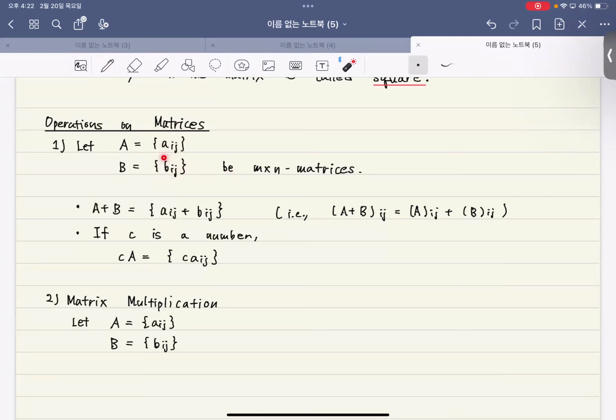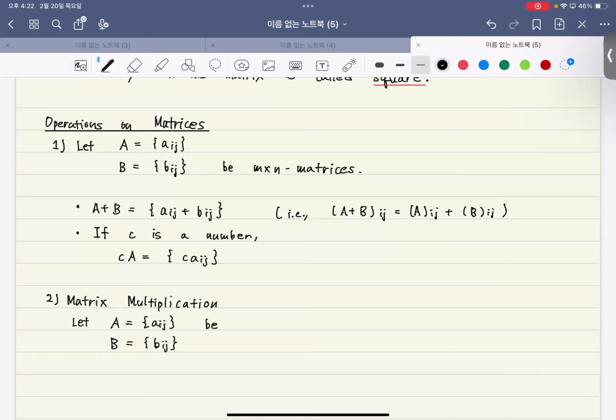So if those two matrices have different dimensions, then matrix addition is not defined, right? But for matrix multiplication, there is a more complicated dimension constraint on these two matrices.